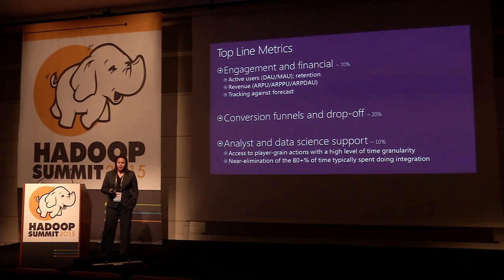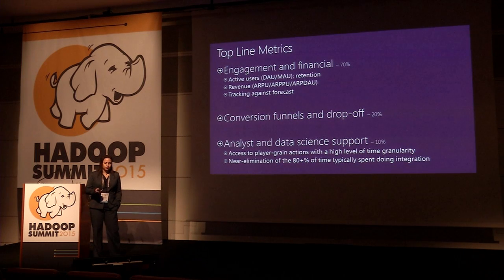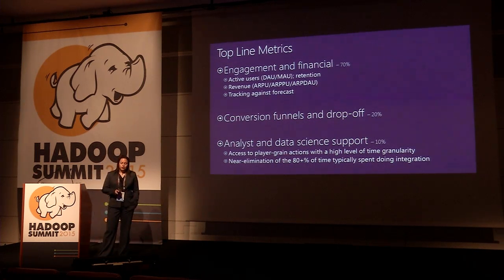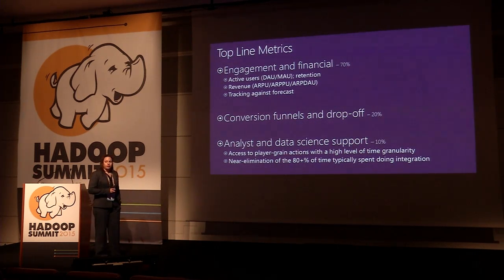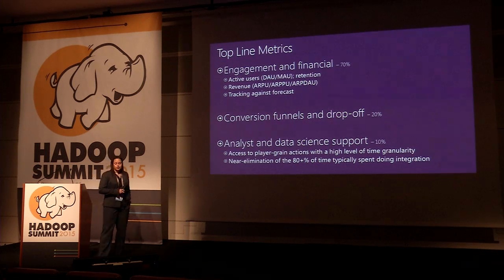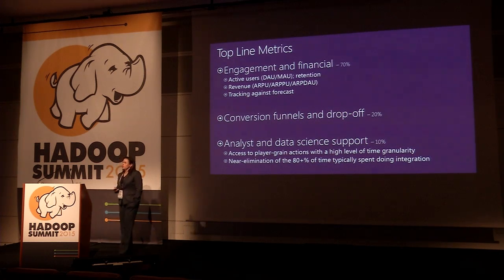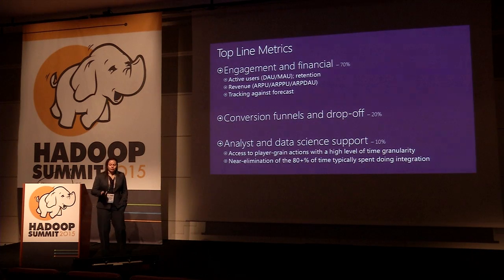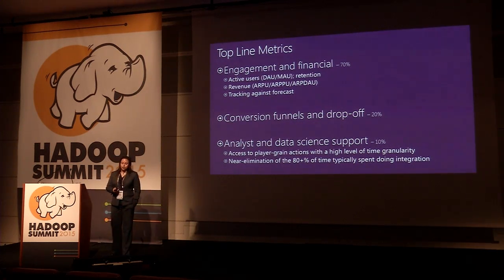So they looked at things like, how do we measure daily active users, monthly active users? What do we look at for retention? How do we think about revenue? Is it average revenue per user, average revenue per paid user, average revenue per user per daily average user, per this, per that? There's several metrics that you can choose from.